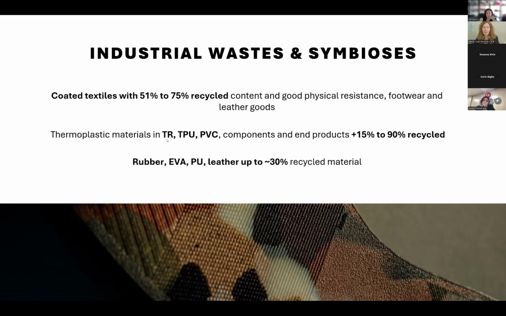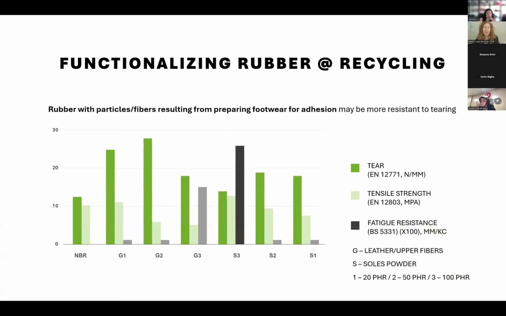We have been able already, in terms of polymers, that this is one of the areas of expertise at CTCP, not only compounding virgin materials like thermoplastic rubber, thermoplastic polyurethane or PVC, but cycling the materials with additives, sometimes nano additives or whatever. Regarding rubber and polyurethane and EVA, the content of recycled material is less than in the other cases, but we are to work on that in the future.